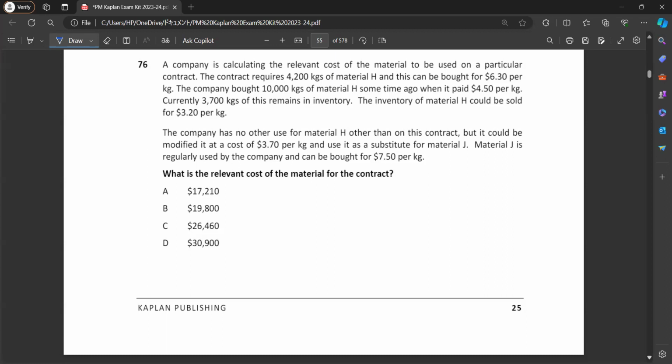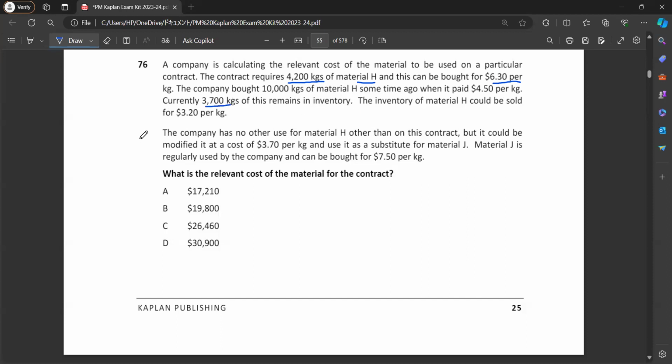So there's a lot of information here. We see that for the special contract, 4,200 kgs of material H is required. The current market price is 6.30 per kg. The company bought 10,000 kgs of material H some time ago, where it was purchased for 4.50. But at present, 3,700 kgs of material is in inventory.